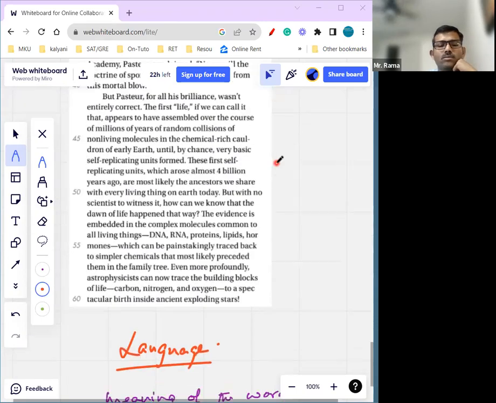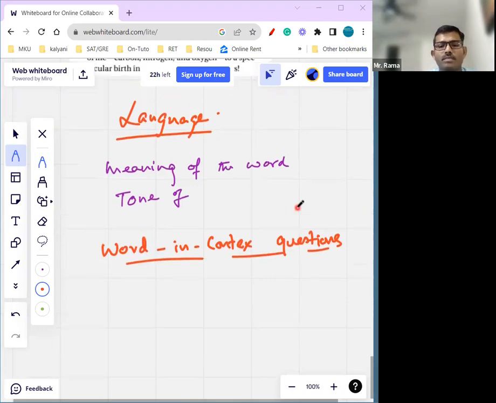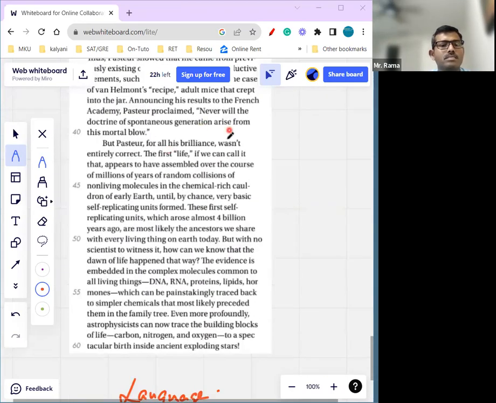Okay, now let's look at it one at a time. For example, line 40, where is that one? Moral. See? Yeah, this one right here. I'm going to underline that one.